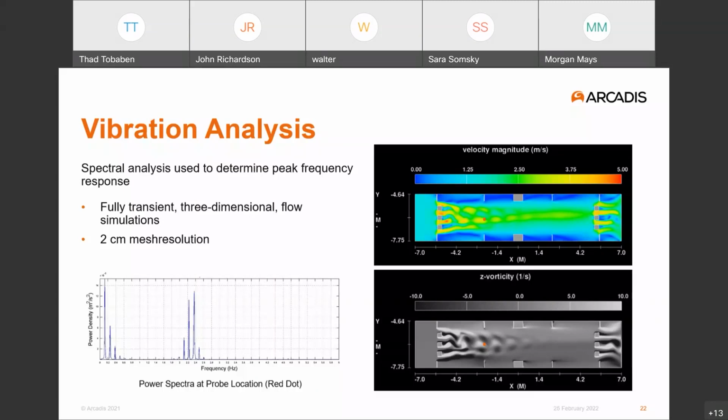So there are a couple things to point out from a computational point of view. This starts to be a pretty heavy lift.